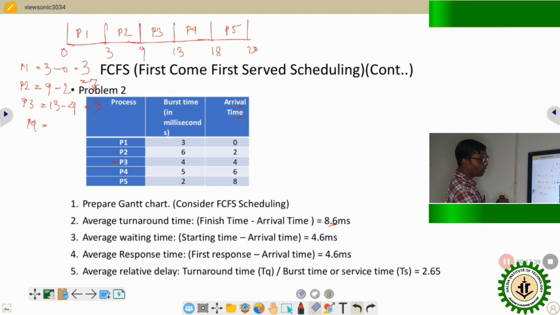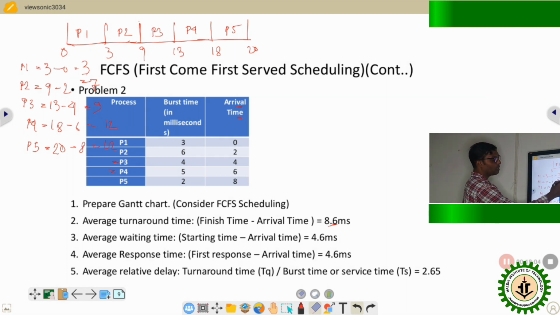P4 finish time is 18 and arrival time of P4 is 6, that is 12. P5 finish time 20 and arrival time is 8, that is 12.